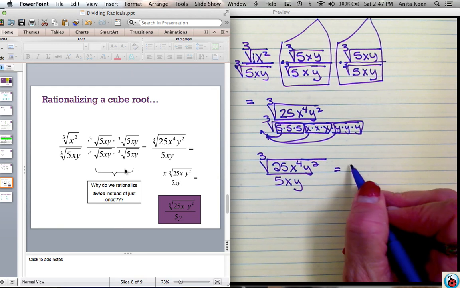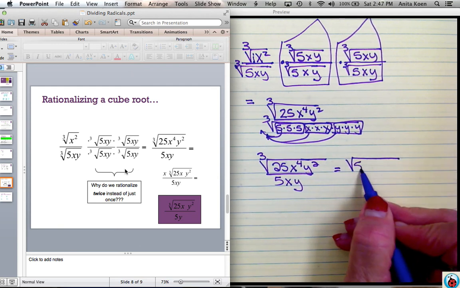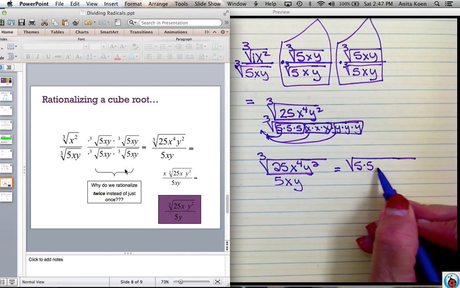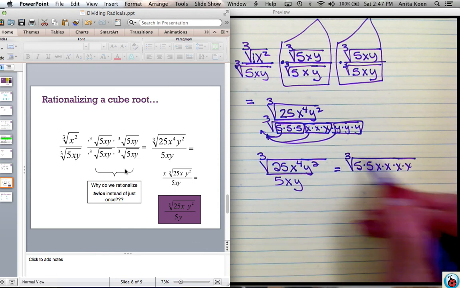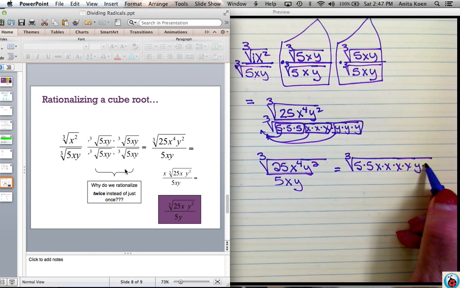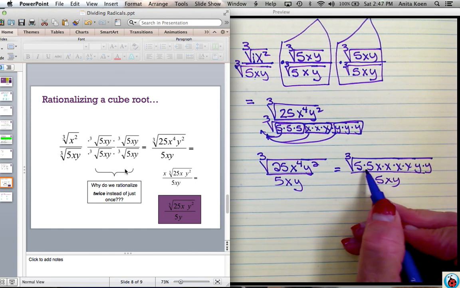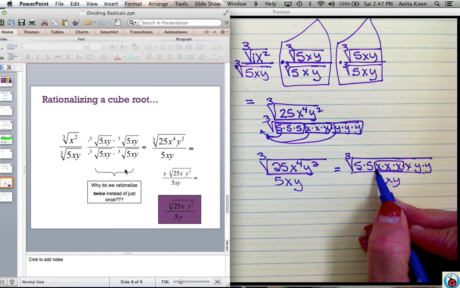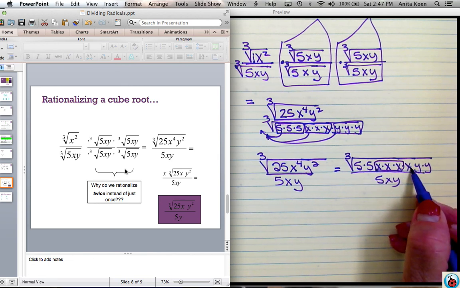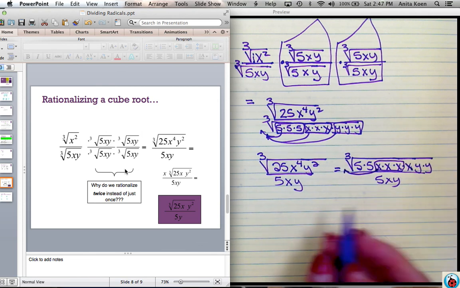Now let's check and see if I can simplify anything else in the top. Well, 25 is 5 times 5. X to the 4th is x times x times x times x. And I left my cube off. And y squared is y times y. 2 5s, I need 3. Here's 3 x's. There's an x left over. And 2 y's. So these x's get to come out.